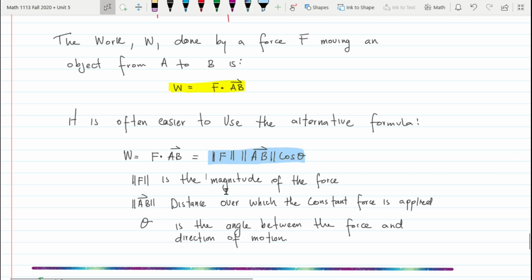How much force is being exerted? The magnitude of AB, or the vector AB, is the distance over which the constant force is being applied. How long of a distance are you applying that force to? And theta is the angle between the force and the direction of motion.